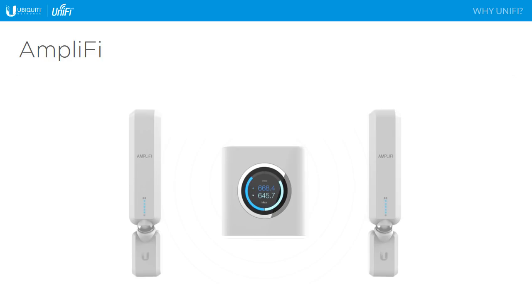So you have these two units that you can place in other rooms around the house where you'd like to have Wi-Fi available, and they create a mesh Wi-Fi network so that you can extend Wi-Fi to different parts of your house, but do so in a very plug-and-play style fashion. So this is a great solution for those who want to just go and buy a turnkey product. But this course is about UniFi, so let's move on and start talking about the UniFi product line.